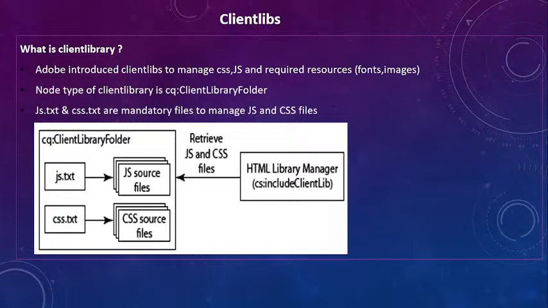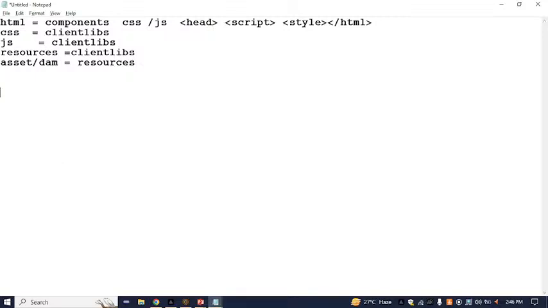Consider I have two files, sample.js and index.js, and you have js.txt. If you write the entries like index.js and sample.js, then only it will call this index.js and execute, and then only it will call this sample.js and execute it. Otherwise it won't. So your Sling comes here and starts execution. Whatever you mention first, it will execute first, and whatever you mention last, it will execute last.